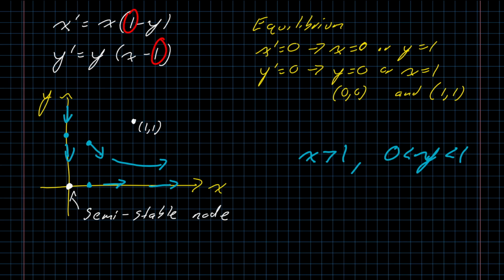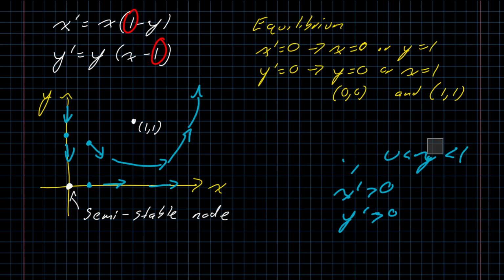If x is bigger than 1 and y is between 0 and 1, then my x is positive, my 1 minus y is positive, my y is positive, and my x minus 1 is positive. So I get that x prime is bigger than 0, y prime is bigger than 0. And now we're going to start growing in this direction. X and y are both going to change in a positive way, and then maybe we'll end up over here somewhere.